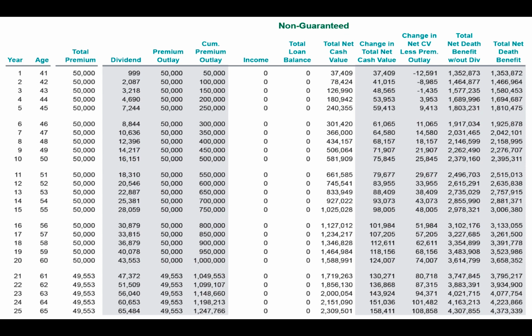As a policyholder of a life insurance policy with a mutual insurance company, you are the shareholder in the company. And as a shareholder, you get to participate in the profitability of the life insurance company, which shares this profitability to the policyholder through what we call a dividend. And as you can see, the dividend increases every single year with this contract.